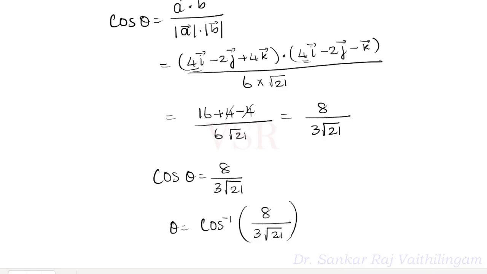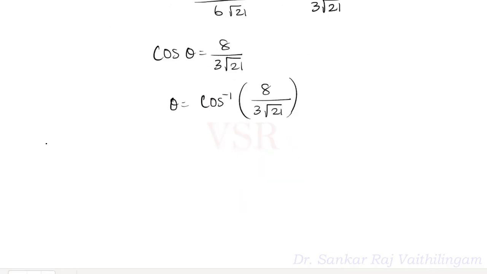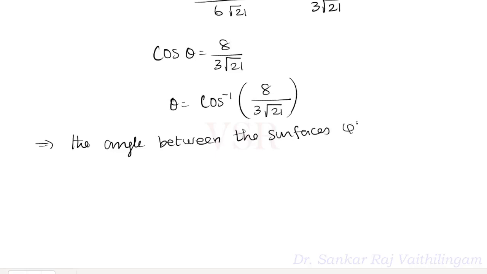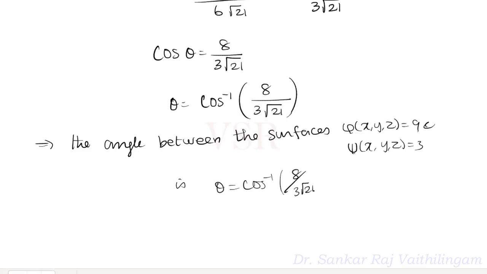So the angle between the surfaces phi of x, y, z equal to 9 and psi of x, y, z equal to 3 is theta, which is equal to cos inverse of 8 by 3 root 21. So this is my answer.